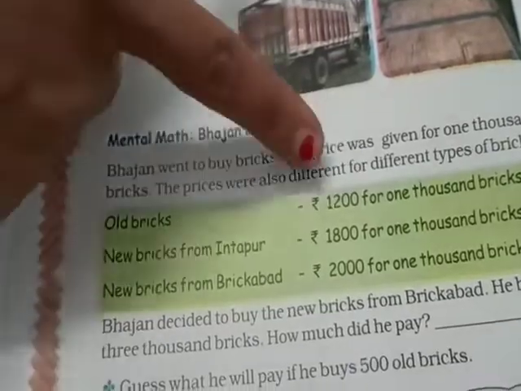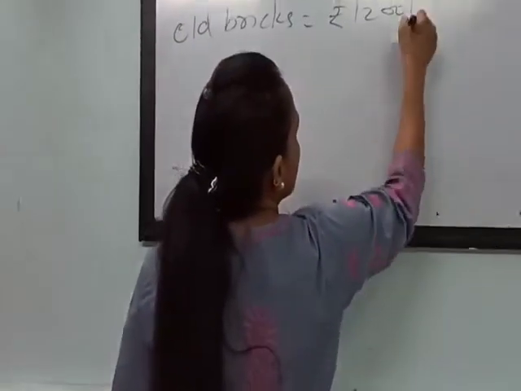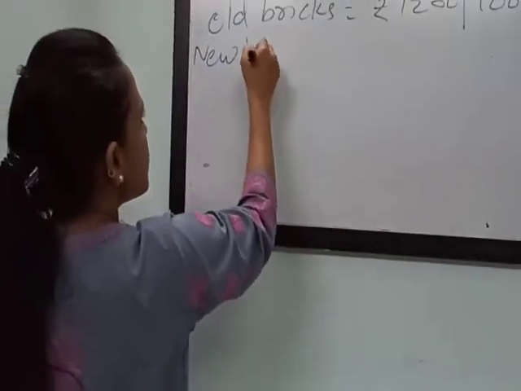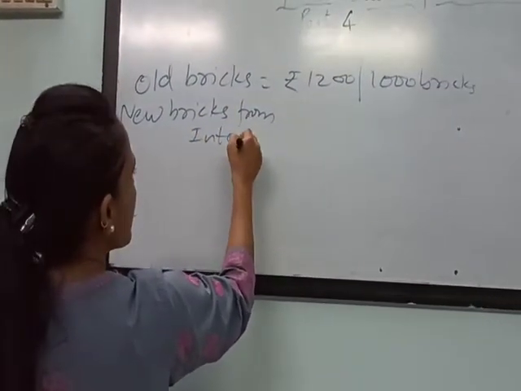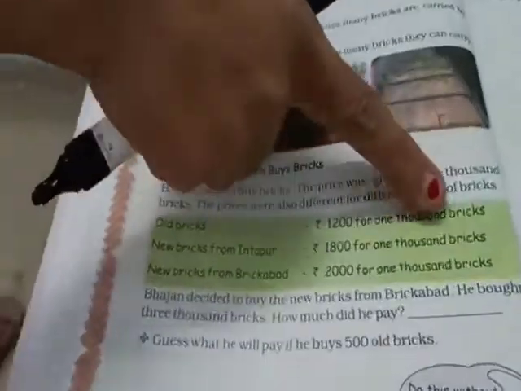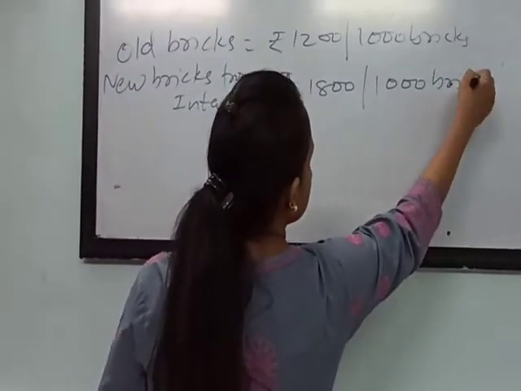Old bricks cost 1,200 rupees per 1,000 bricks. The next is new bricks from Intapur. How much does it cost? It costs 1,800 rupees per 1,000 bricks.